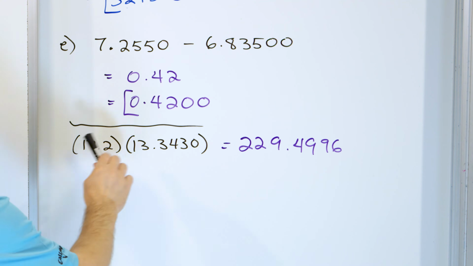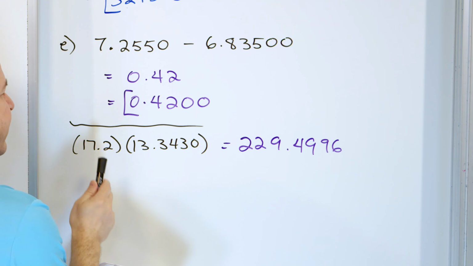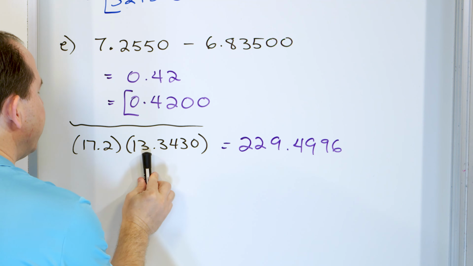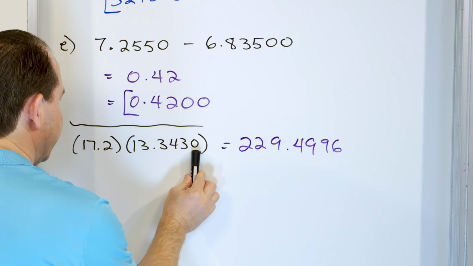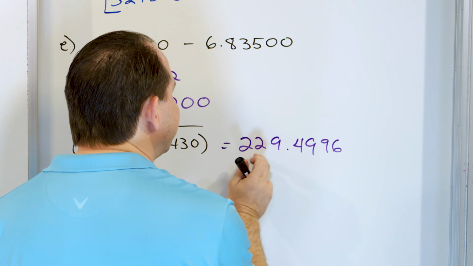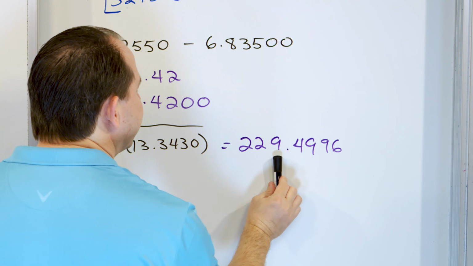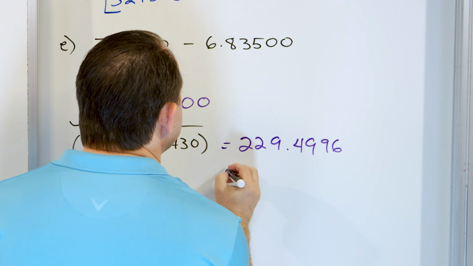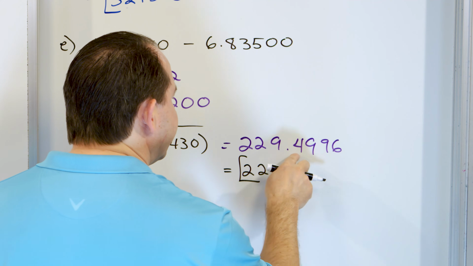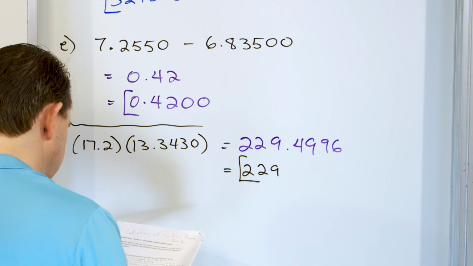Now, since it's multiplying and dividing, we need to count significant figures. There's 3 significant figures here, and there's 1, 2, 3, 4, 5, 6 here. The limiting factor is the 3 significant figures, so my answer must have 3 significant figures. So I'm going to round it to this position. So it stays at 229. The 4 is less than 5, so I don't go up here.